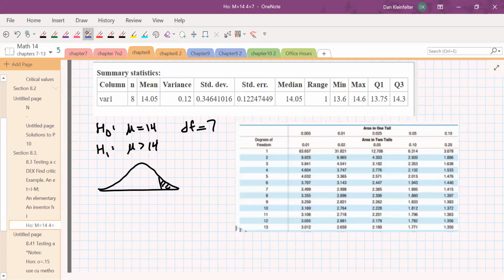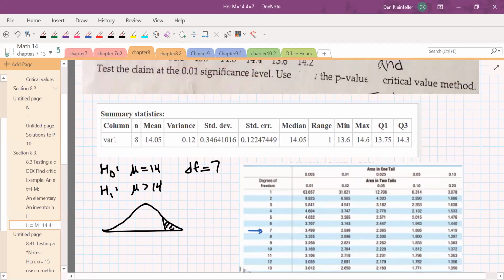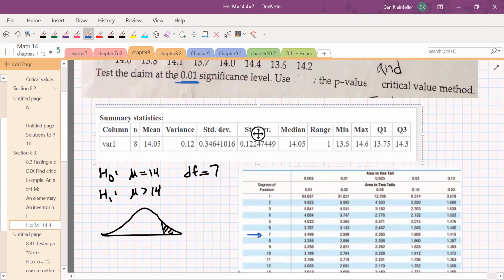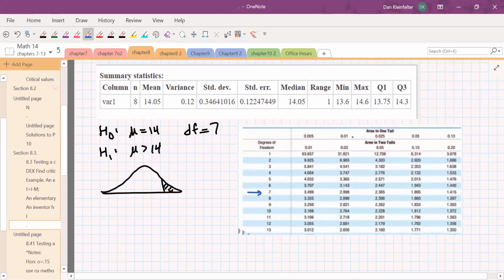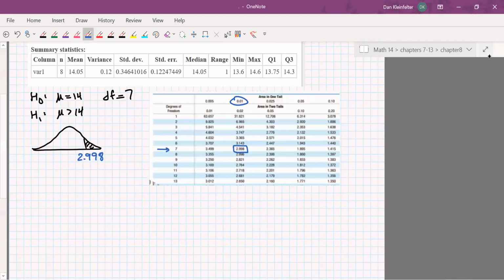All right, so we have a degrees of freedom of 7. Our test is right-tailed, and we're using an alpha of 0.01. So one tail, 0.01, and the degrees of freedom of 7, that's 2.998.